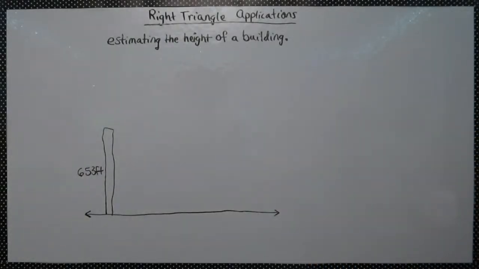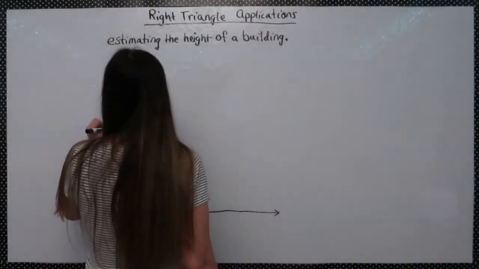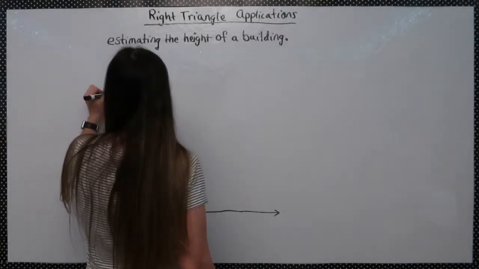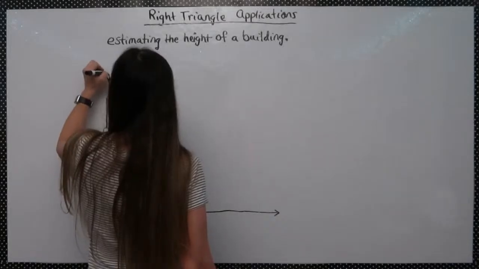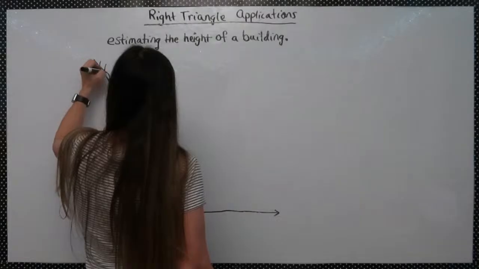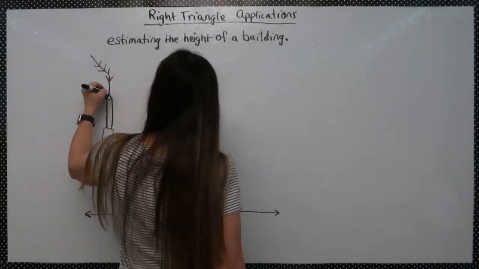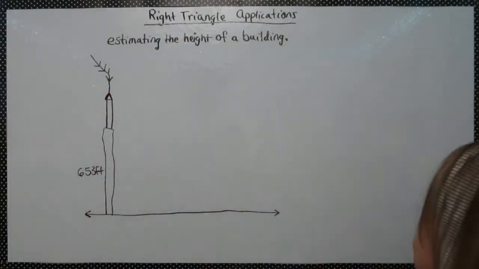And it says, a tower stands on a cliff. So we'll say a tower. It could be like an antenna, something like that. I got a little carried away.